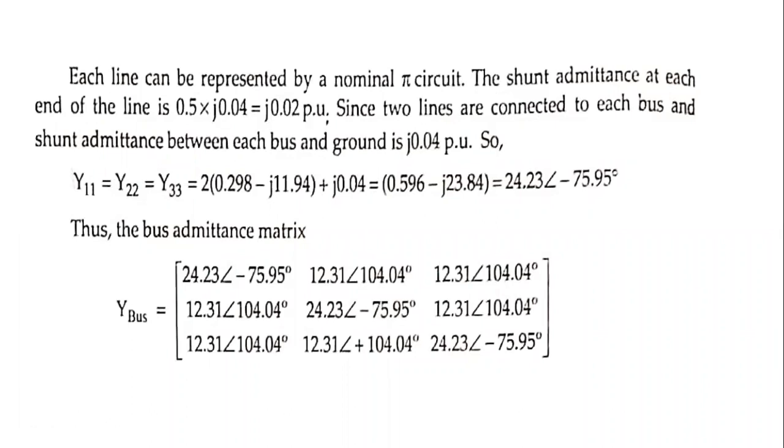Since 2 lines are connected to each bus, this is the shunt admittance between each bus and the ground, and that's why we take it as j0.02.